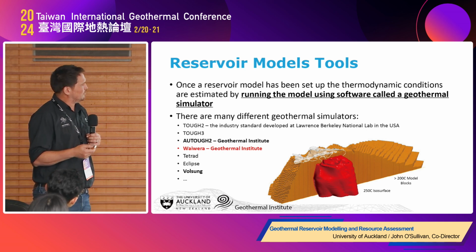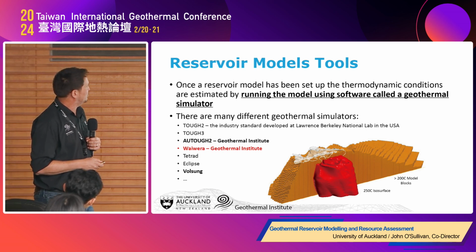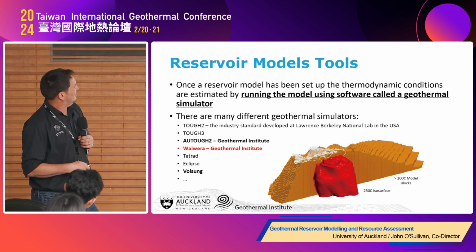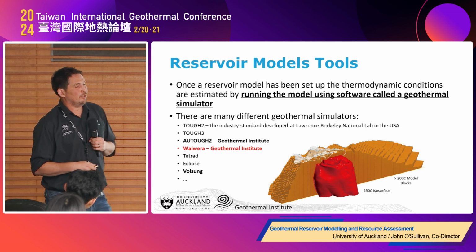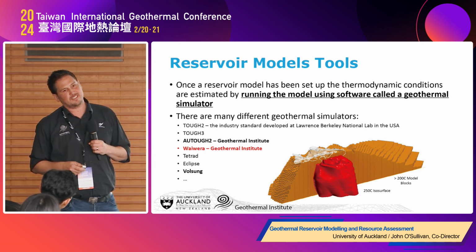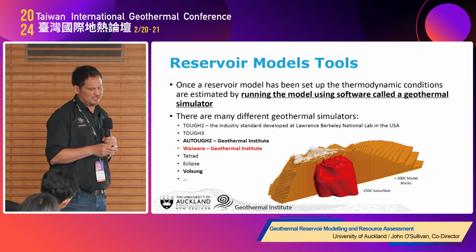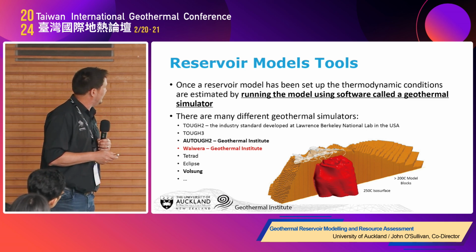Since then, with improvements in modern computing, we've now got some new, better tools. There's TOUGH3 from Berkeley. We have AUTOUGH2, so we've always collaborated with Berkeley and made a lot of improvements to TOUGH2 over the years, which means that we have our own version, which is a bit more efficient and a bit better.